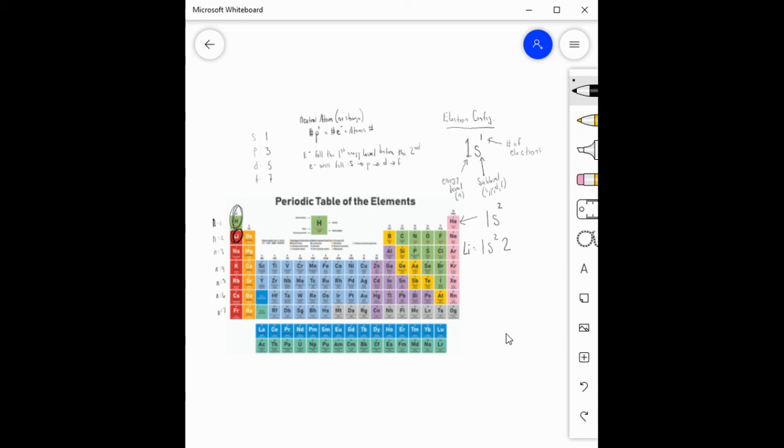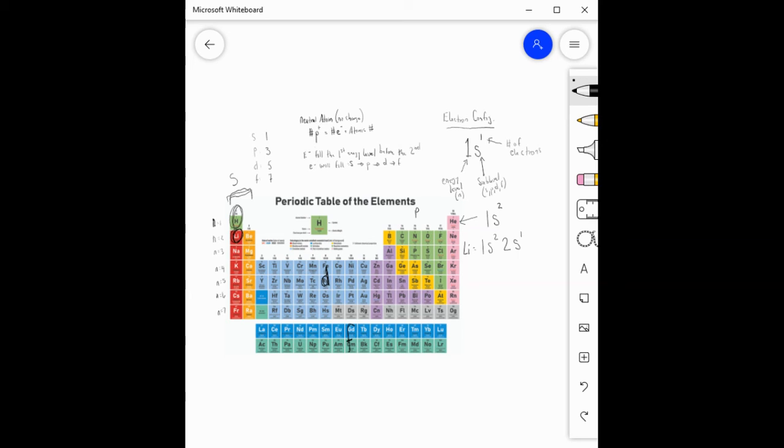This is still the s orbital. So this part right here is, remember, our s. Over here we've got our p, and then we've got our d in the middle, and our f down here. So lithium is still in the s sublevel, and it has 1 electron.